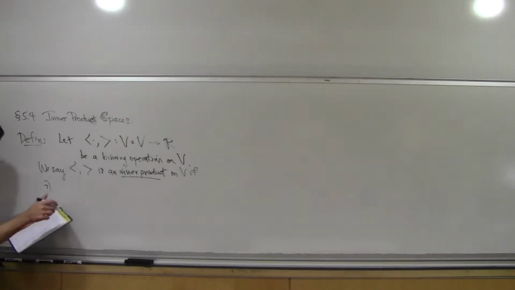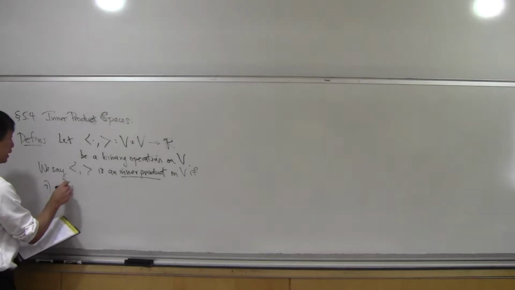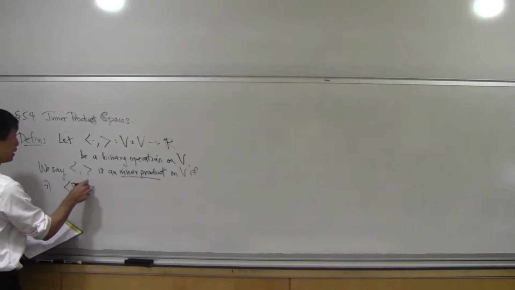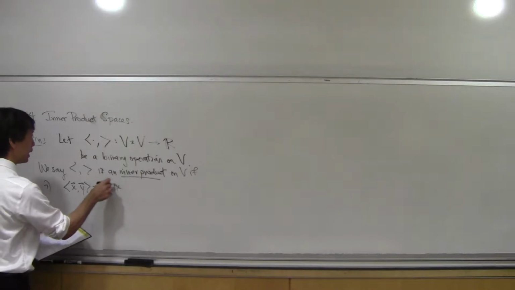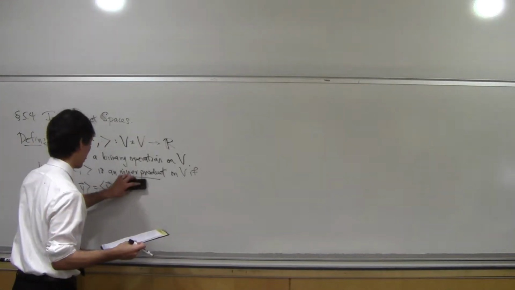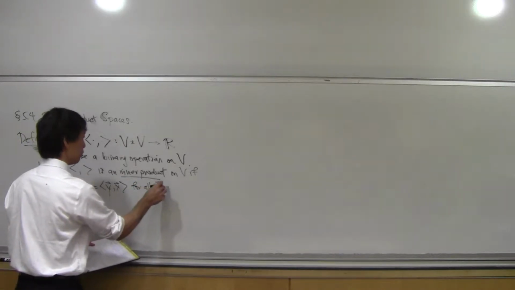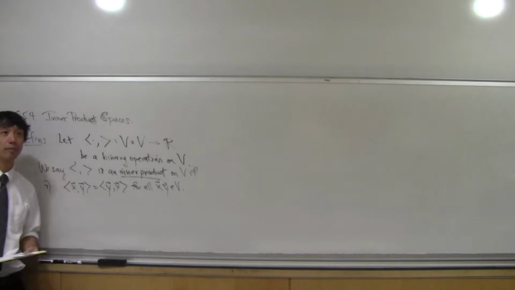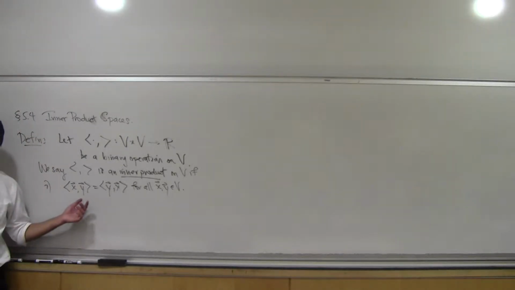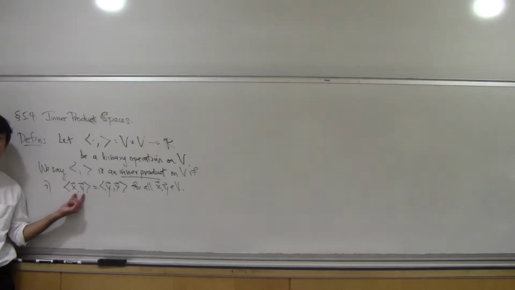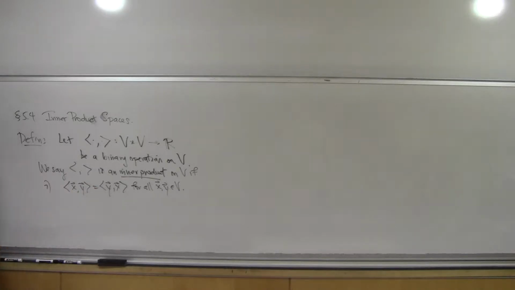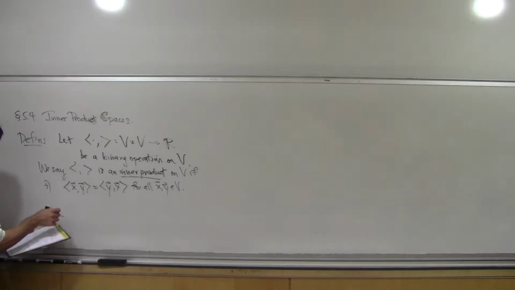One, the inner product of x against y equals the inner product of y against x for all x and y in your vector space. So you've created this product, and it doesn't matter what order you do them in. Just like the dot product, u dot v and v dot u are the same thing. So it's commutative. The product is commutative.